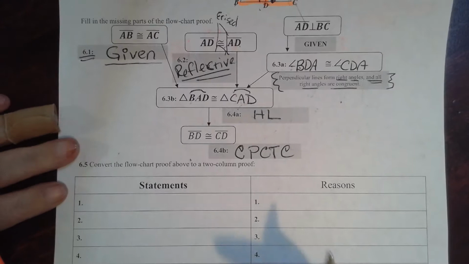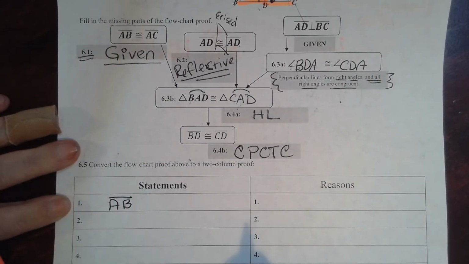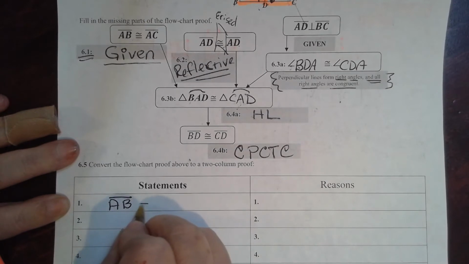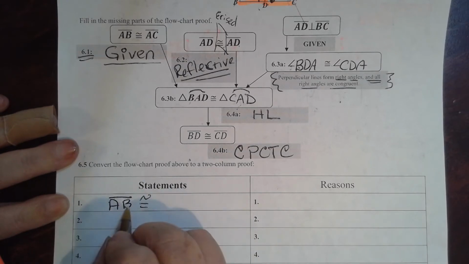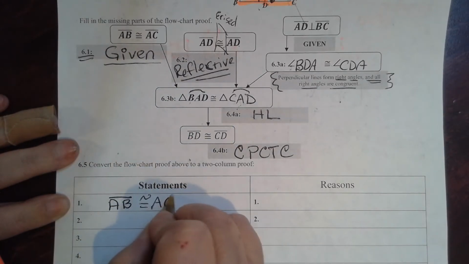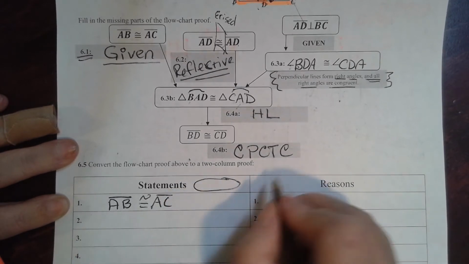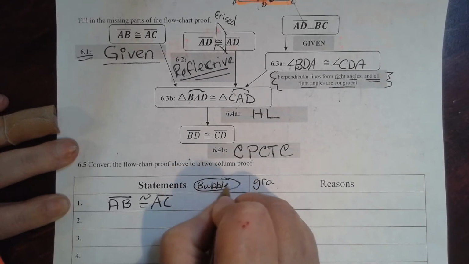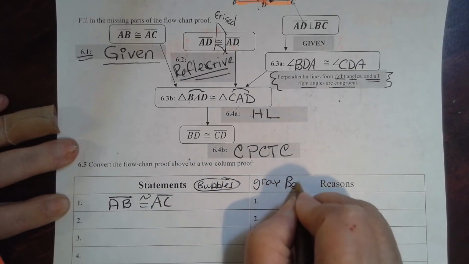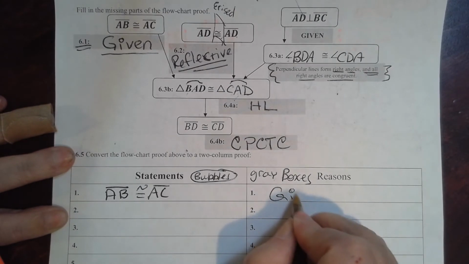So my first statement in this proof was that AB was congruent to AC. That was my first statement. So the statements, these are the bubbles, and these are the gray boxes. So that's given.